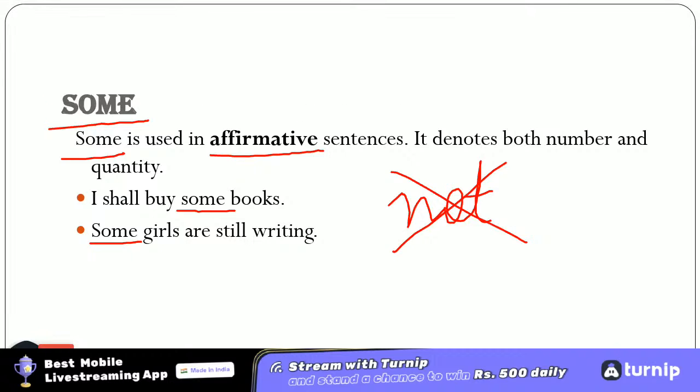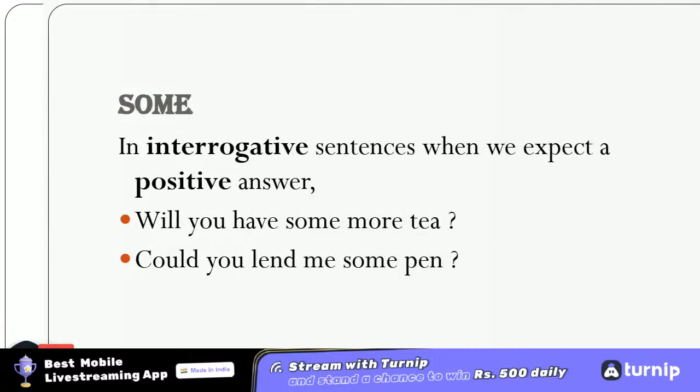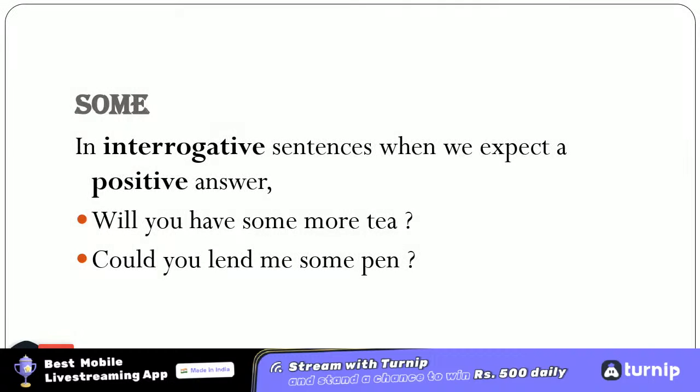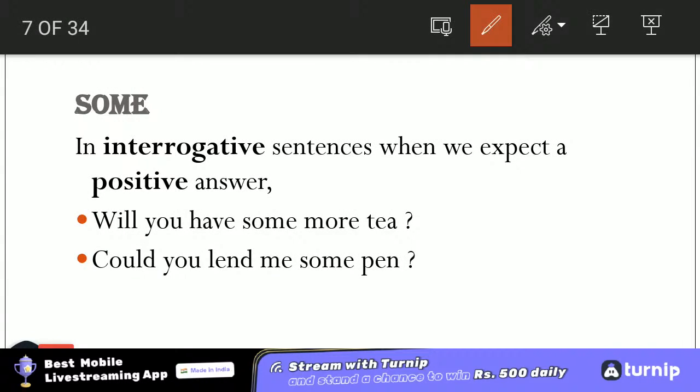Moving ahead to the next rule of some. It is also used in interrogative sentences, that is, question sentences. But when it is used in interrogative sentences, we accept a positive answer, meaning the answer will be yes or a positive one.